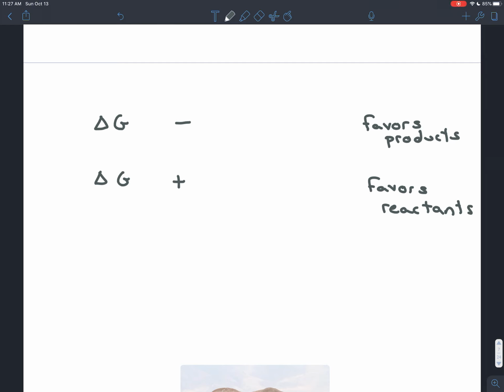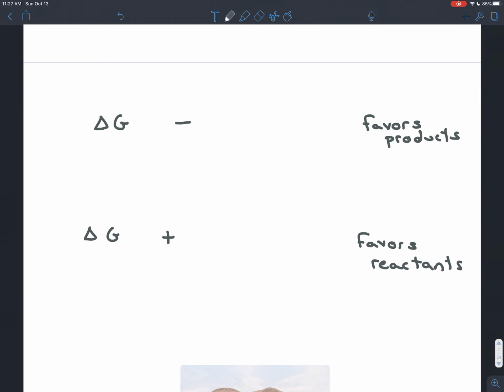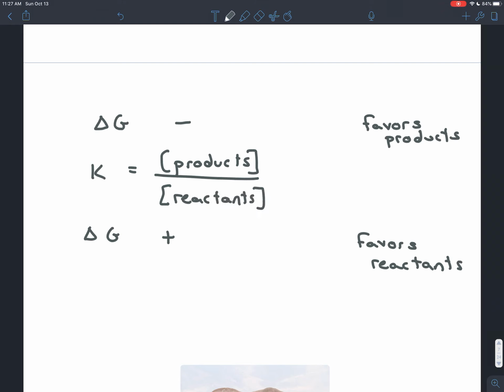For K, remember, K is products over reactants, conceptually. So 1 is where you have equal amounts of products and reactants.